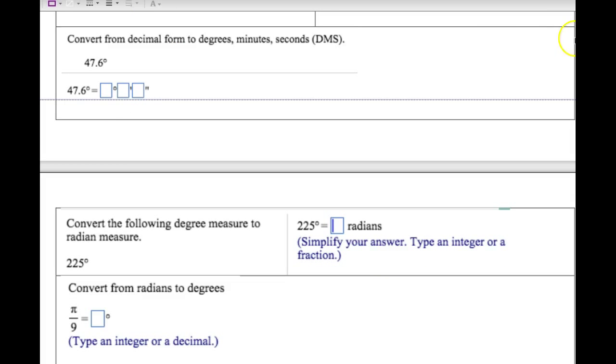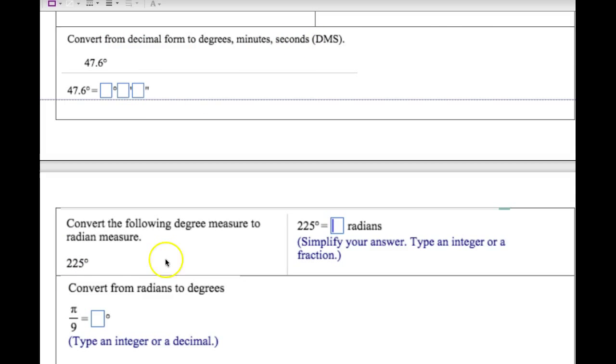All right, let's do some examples. Convert from decimal form to degrees, minutes, and seconds. The 47 is already in degrees. We just need to convert the 0.6 into minutes and seconds. We're going to multiply 0.6 times 60 minutes over 1 degree, because 1 degree equals 60 minutes.